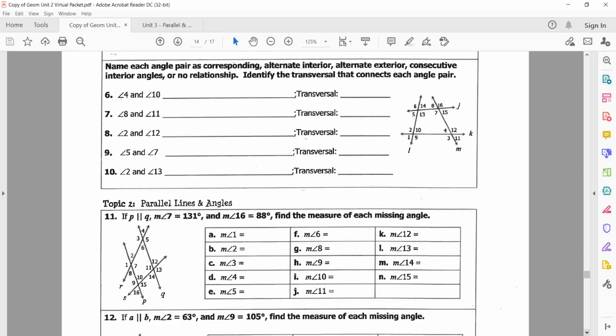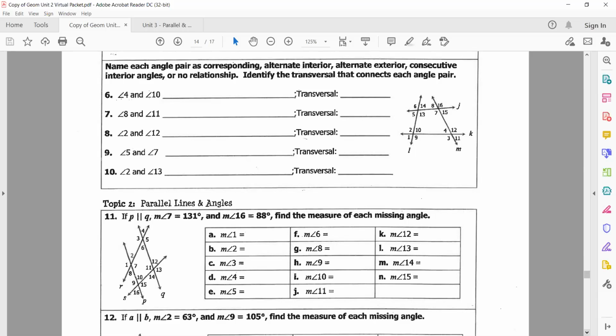Problem number 11 gets right into it. It starts off with an if-then statement. If P is parallel to Q, okay, P and Q are parallel, and angle 7 is 131 degrees.